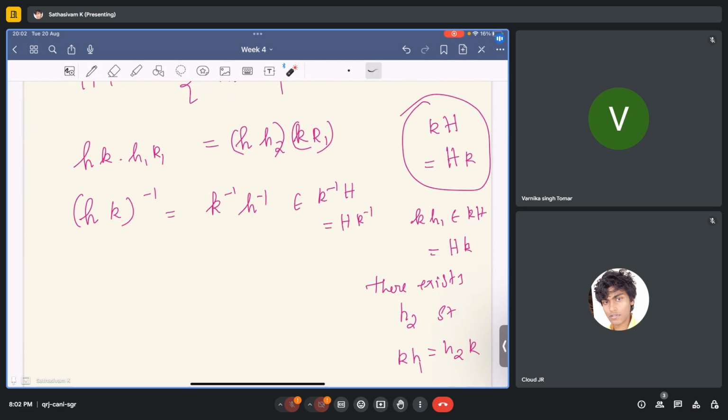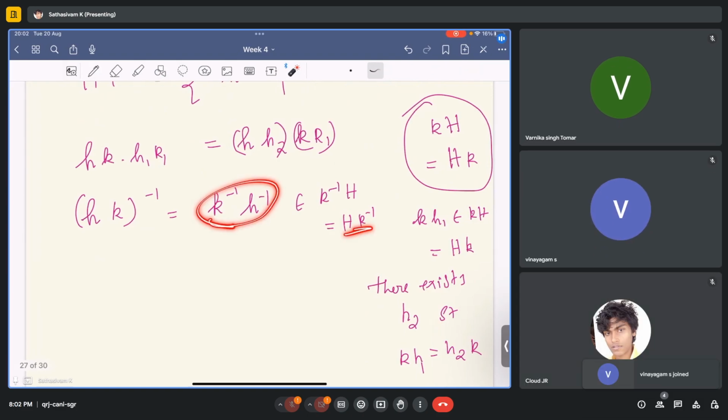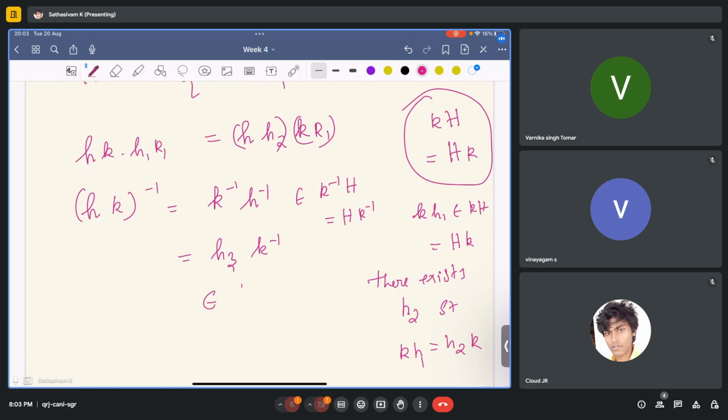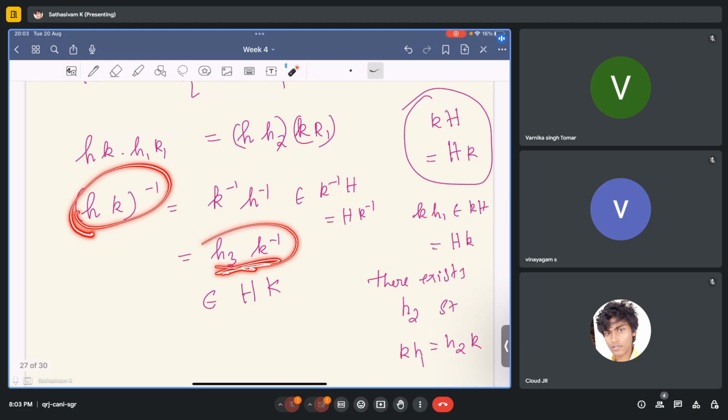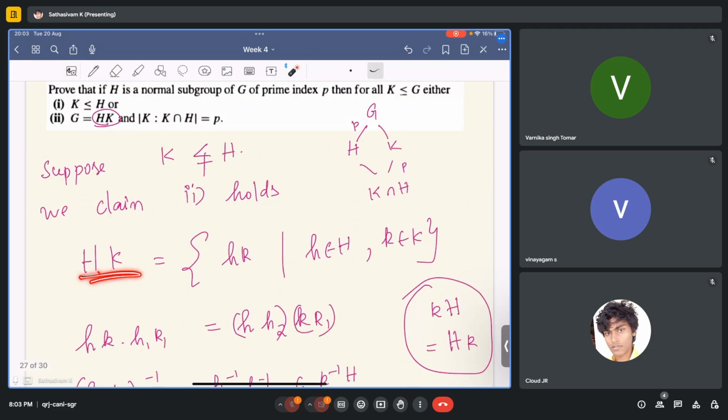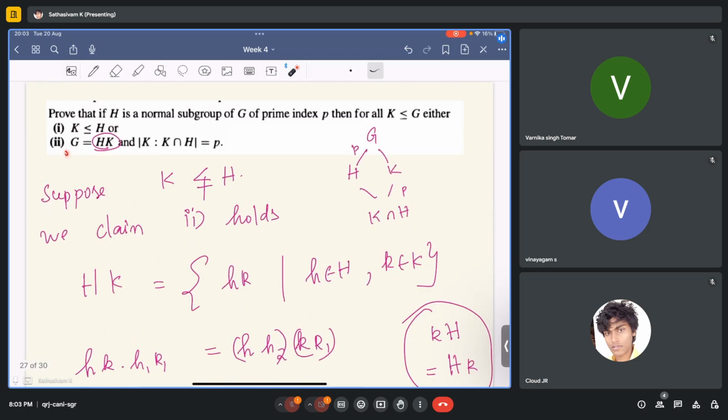So there exists some h3 such that this is h3 k inverse, and this belongs to HK. So this element's inverse is nothing but this, and it belongs to HK. So you can see that this is a subgroup.